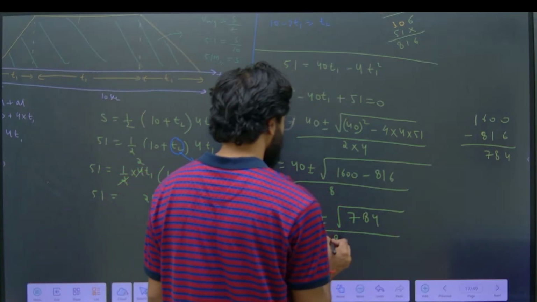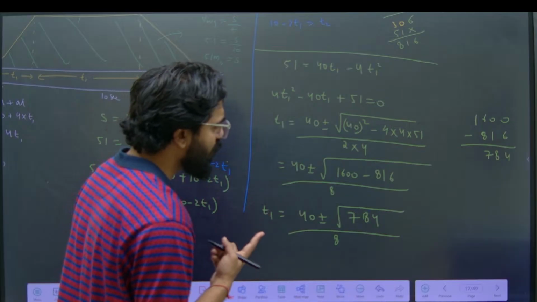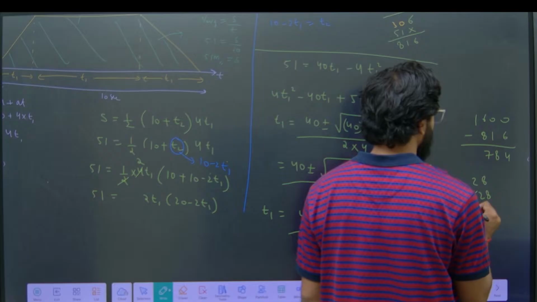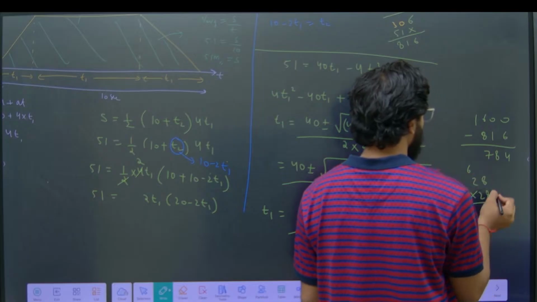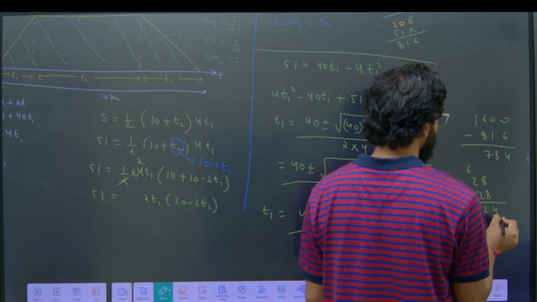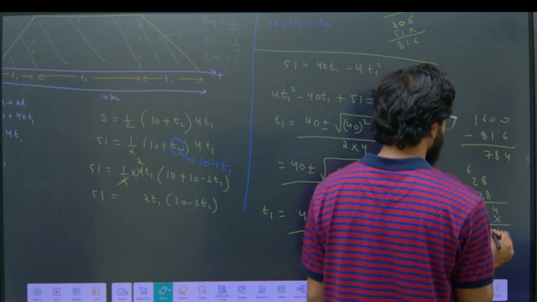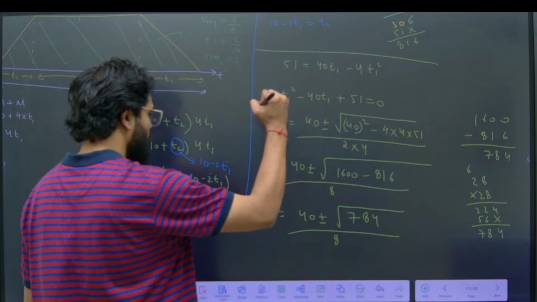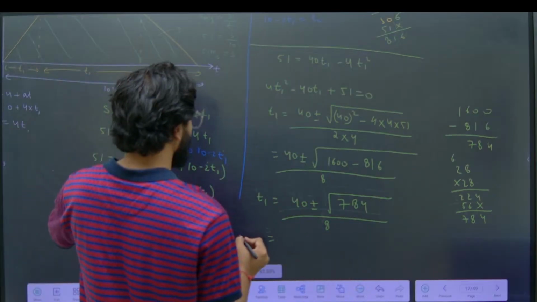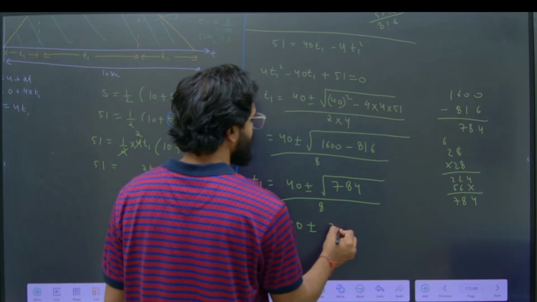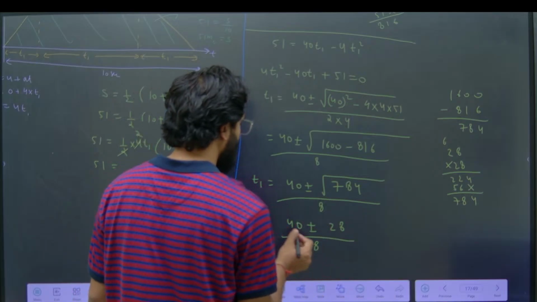Is this the square of 28? Should we check it? 28 times 28 is 784. Thank you, questioner. I love you back. So T1 equals 40 plus minus 28 by 8.